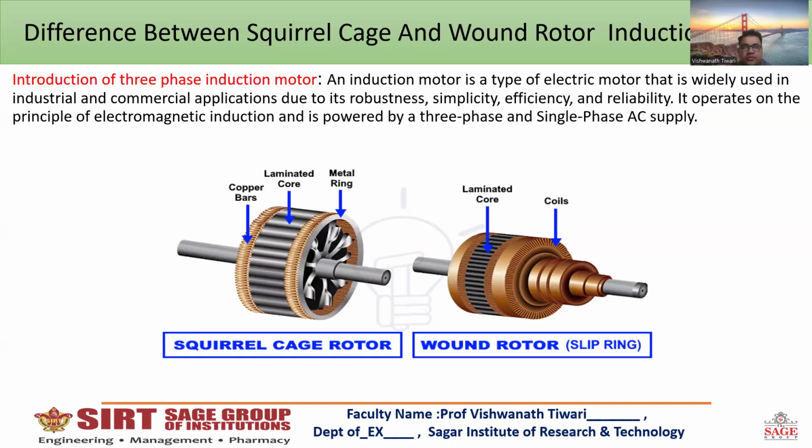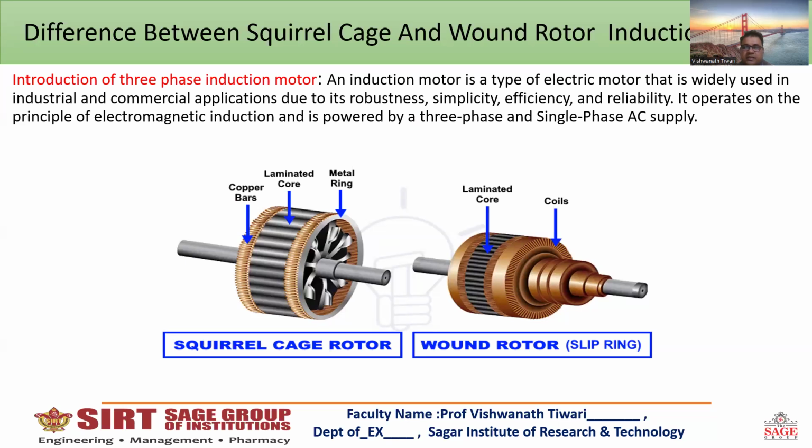First of all, I want to briefly discuss the induction motor. Induction motors have two types: three-phase induction motor and single-phase induction motor. A single-phase induction motor requires a single-phase supply, and a three-phase induction motor requires a three-phase AC supply.